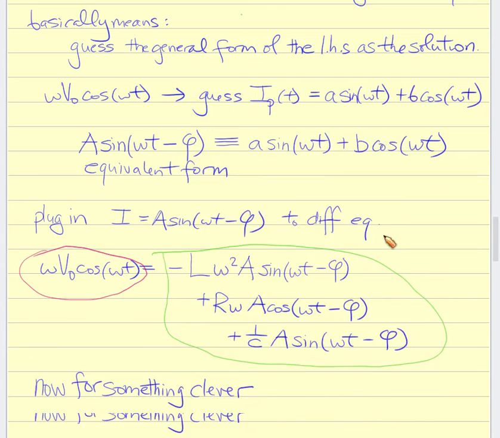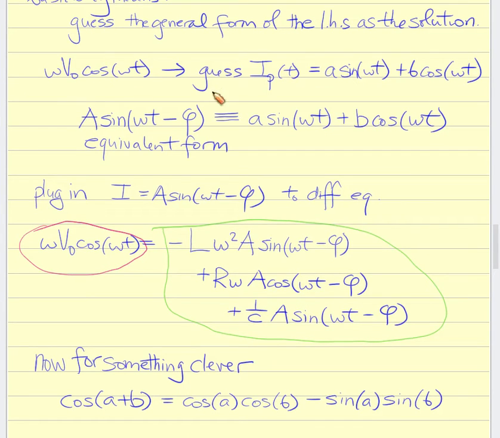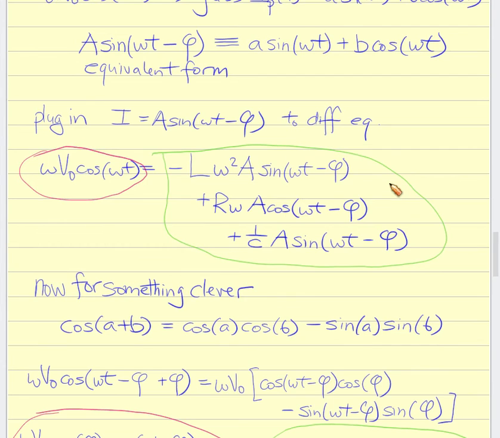Alright, so we're going to plug in this. We're going to use sines and cosines as the most general form, but the form is not going to involve any cosines. It's going to look like this, even though the cosine is equivalent to this form. So plugging in for I, this stuff here, A sine omega t minus phi.